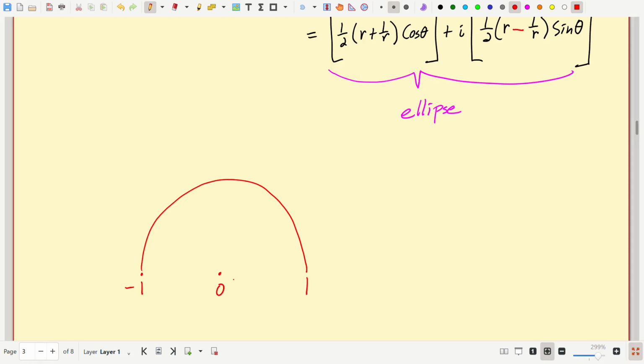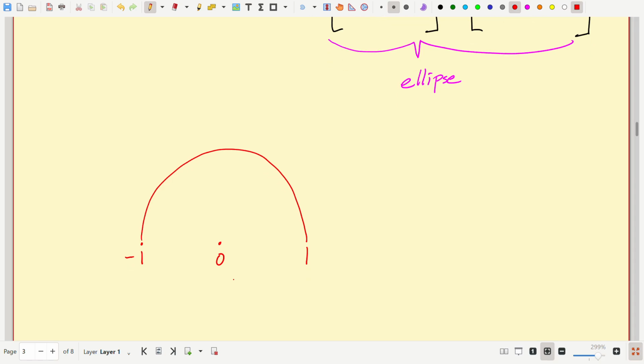Something weird. When I stick an r equal 1 there, the second term is 0. The i times is 0. And that first term just goes along the real line. And so that red circle actually gets squished down to a straight line from minus 1 to 1. And the point i gets mapped to 0. So the Joukowsky map does that.